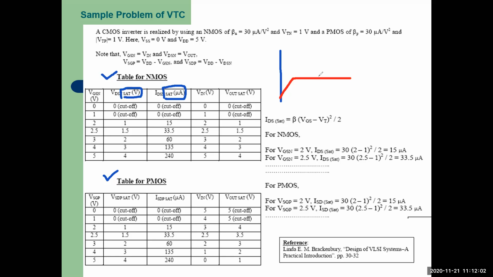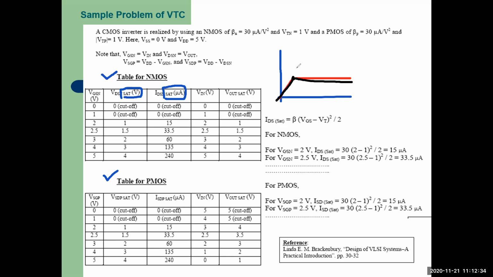No, because if I draw like this, it is not possible. I should give you a point here, that means the bending point. If I give you the bending point, before the bending point it is linear, after the bending point it is saturation. So one point means that bending point.